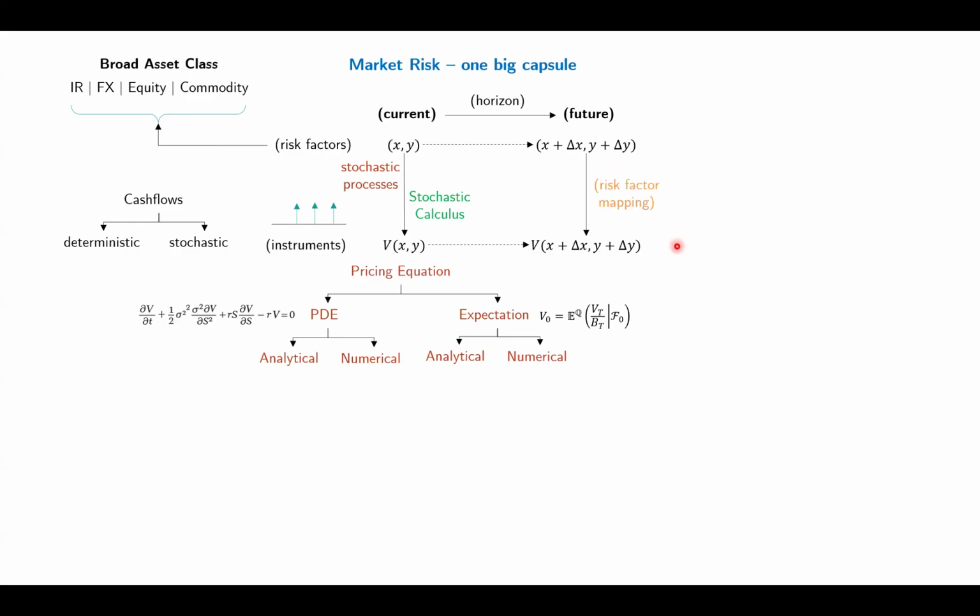So the question here is, and this is done through a risk factor mapping exercise. That means which risk factors affect which instruments. A small note here: risk factor mapping is also part of the valuation exercise, which is done by front office. But the kind of risk factors and risk factor mapping they do is different from what market risk folks do.